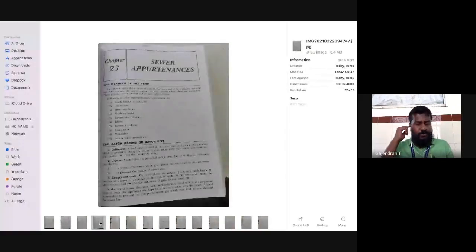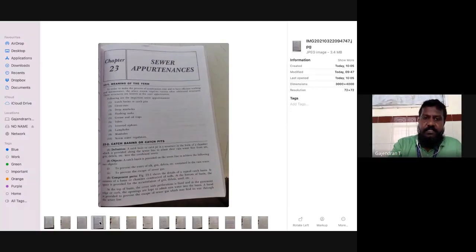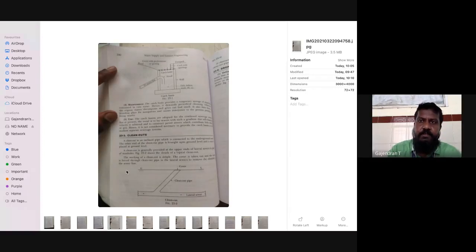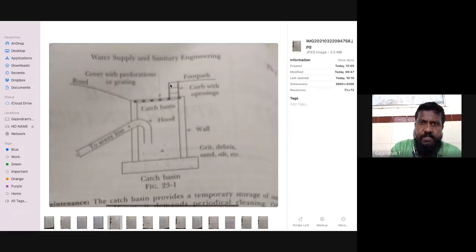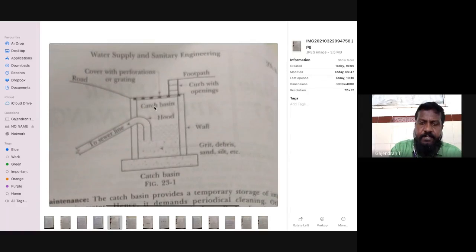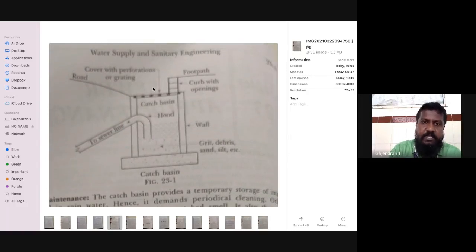Okay, so a catch basin is nothing but a place in which, before entering into the sewer, there is a depression where the solid suspended particles will get trapped. If you look at the top part of this image, the entry of the water could be storm water or anything.